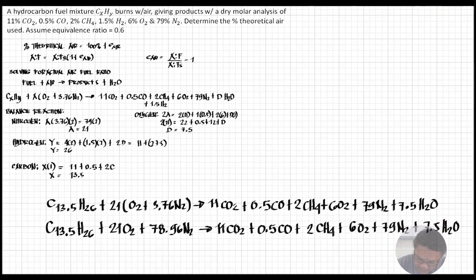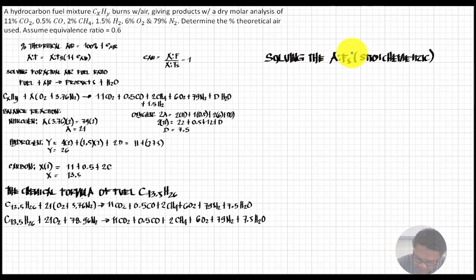So let's do solving the stoichiometric air fuel ratio. So we have the stoichiometric air fuel ratio, that will be equal to the mass of air divided by the mass of your fuel, then equals to moles of air times the molecular weight of air divided by the moles of fuel times the molecular weight of your fuel.